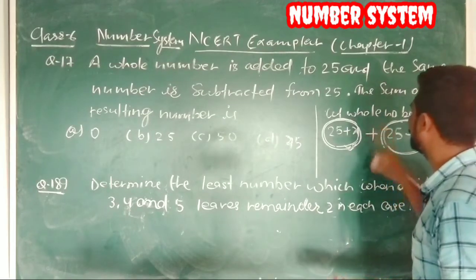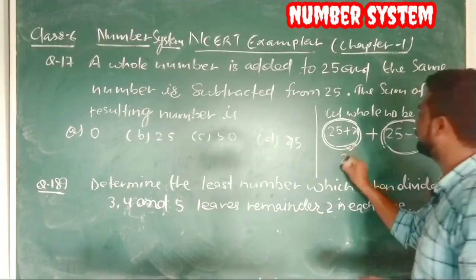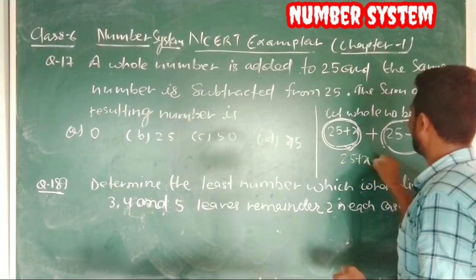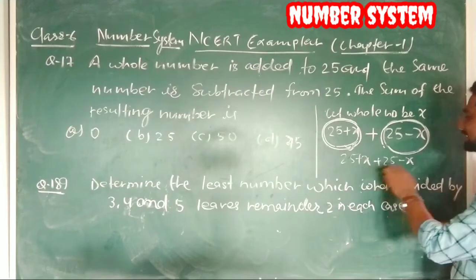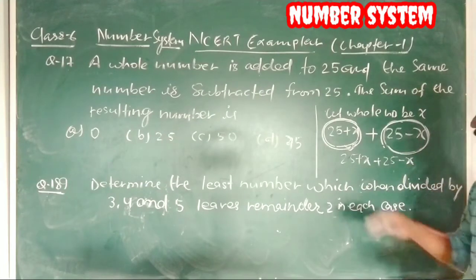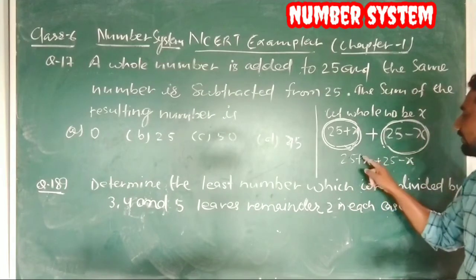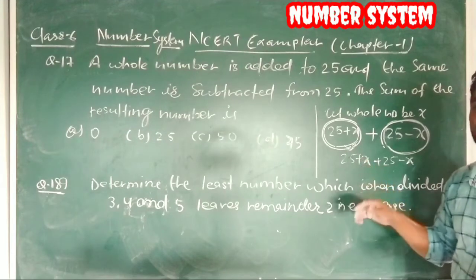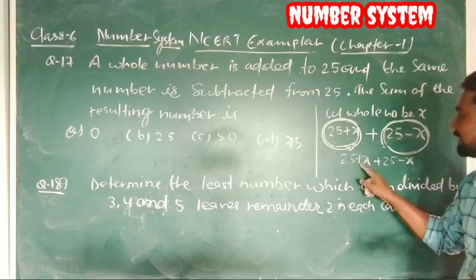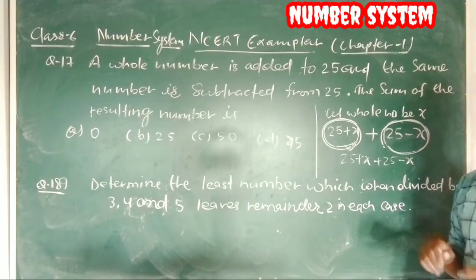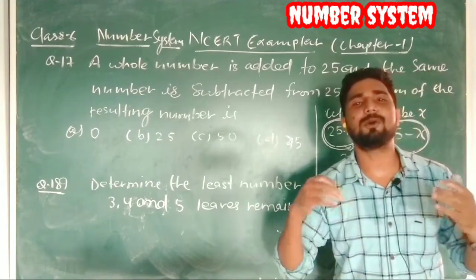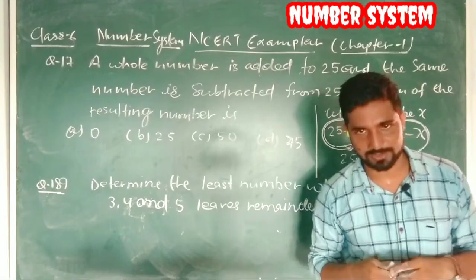So if you add these two terms, now you see, this is 25 plus x plus 25 minus x. Now you see, plus x and minus x: suppose you have 1 rupee, considered as 1x. The plus sign means it is your own money, and the negative sign means it is borrowed money, taken from somewhere else.